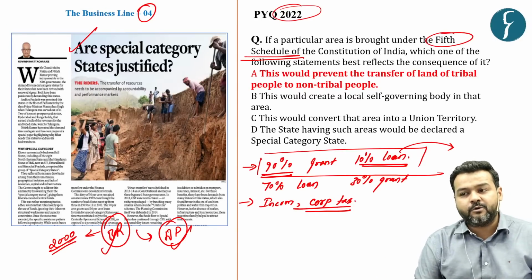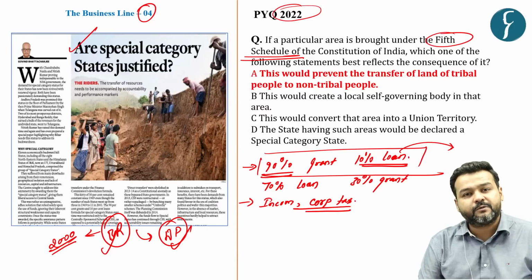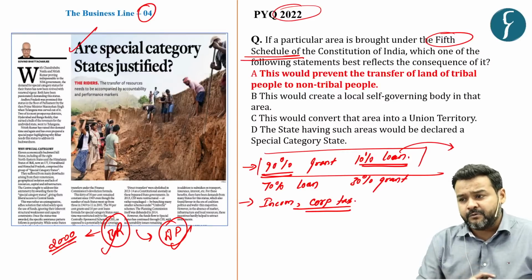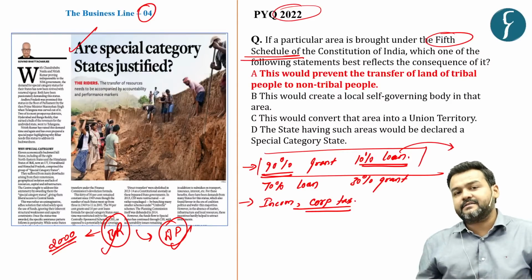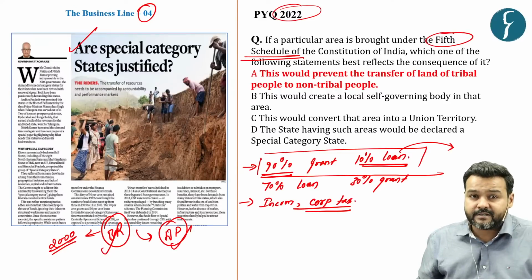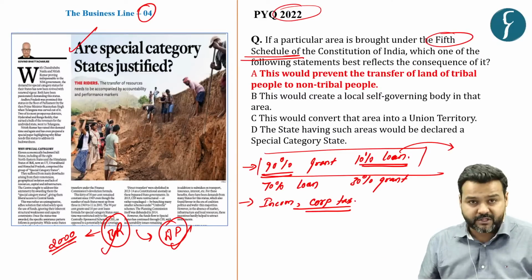And if you go by the multi-dimensional poverty index of India, it is one of the poorest states in India. And surprisingly, it fulfills all criteria that are required to be accorded the status of a special category state. We will see what those criteria are.